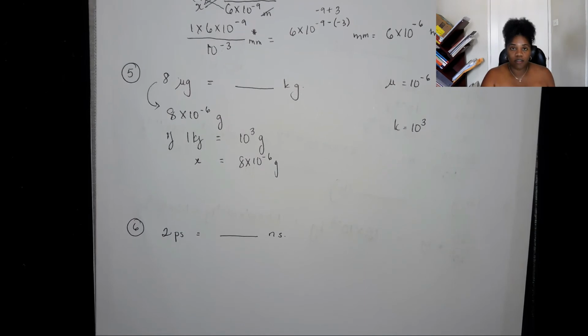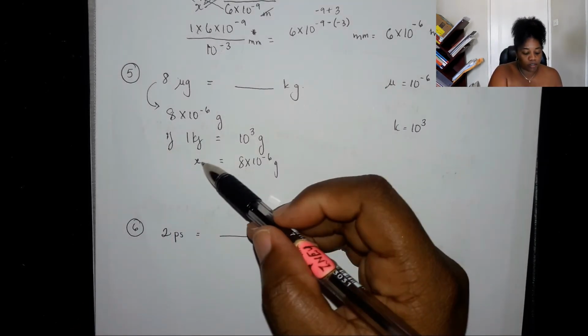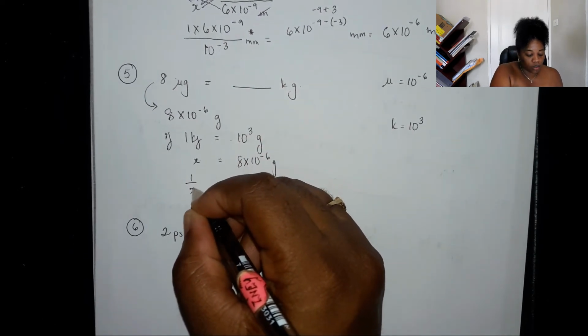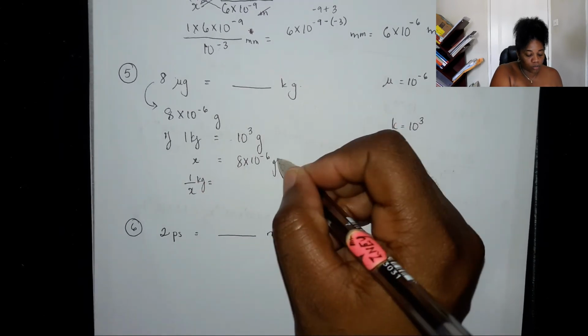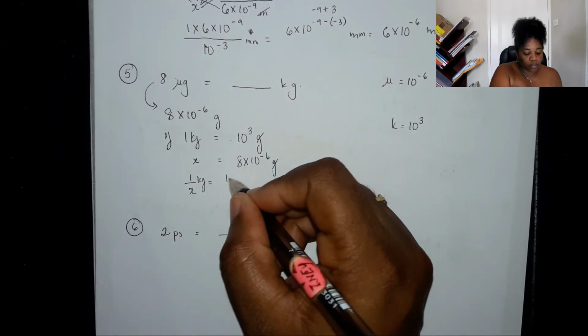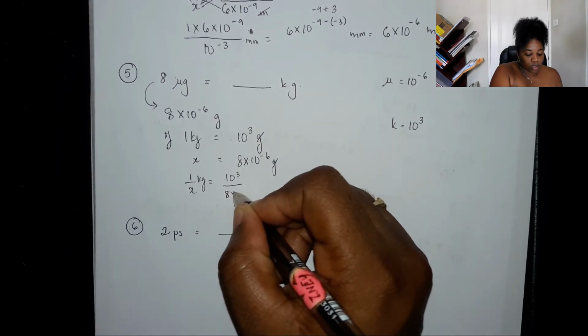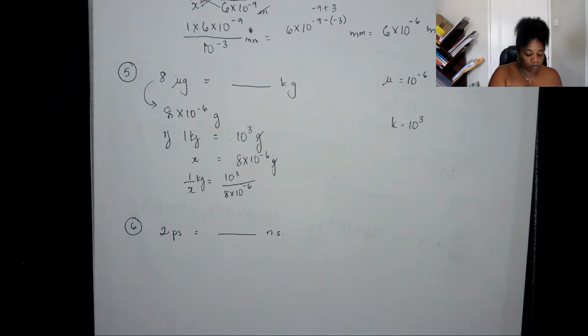You see that? Okay, so now you cross multiply again, the same thing. You want to get x in the numerator, and it's just like this again. 1 over x equal to, I'm looking for kilograms, so we put that. These grams cancel out, and you're left with 10 to the 3 over 8 times 10 to the negative 6.